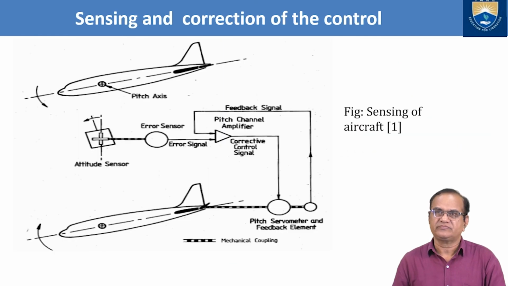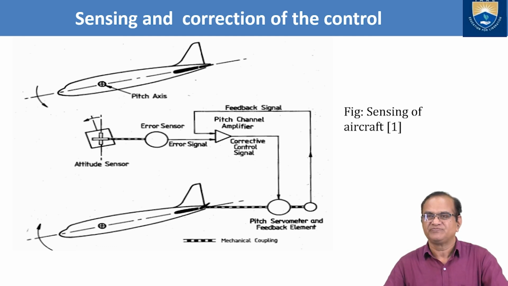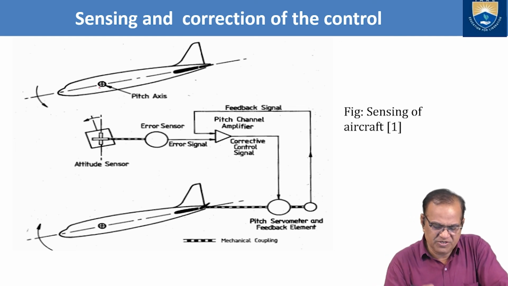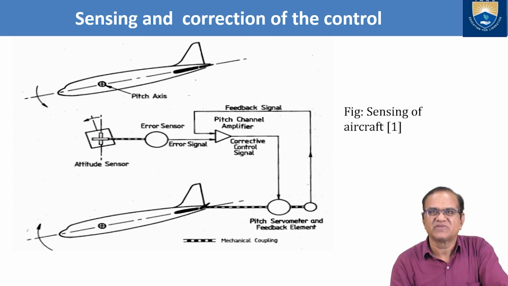Now I will discuss the sensing and correction of the control. We have just seen the autopilot, but how are these things controlled and sensed? So you can see here, it is the pitch axis, meaning the y-axis. Here it is the attitude sensor. This will make the error sensor.